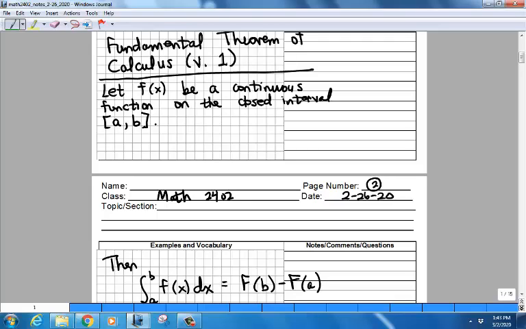Okay, when you are setting up a definite integral, what you are doing is you're taking a quantity, some quantity, could be a volume or an area under a curve or some other quantity. And you're trying to measure that quantity. Definite integral gives you a measurement of a quantity.